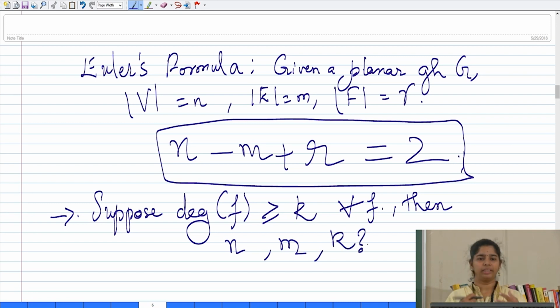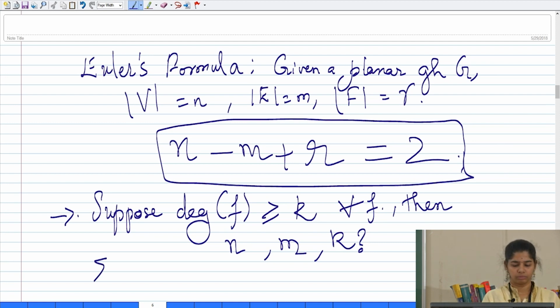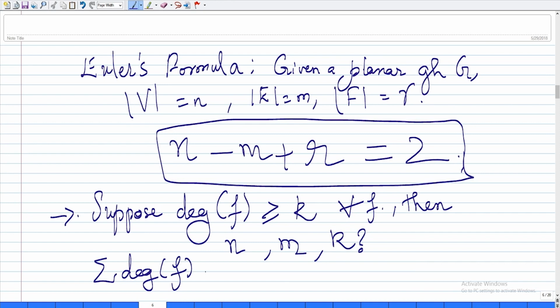The degree of a face is nothing but the number of edges that is sitting as a boundary for it, right. And we also have that the sum of all the degrees of the faces is equal to 2m, right. And we also know the same with respect to vertices, right. The sum of all the degrees of the vertices is also equal to 2m, right.